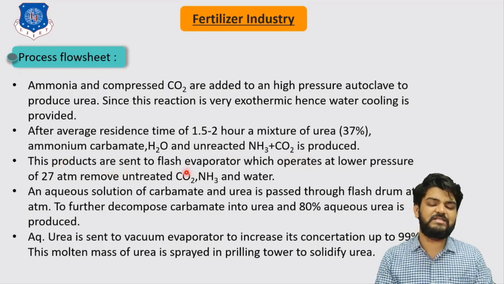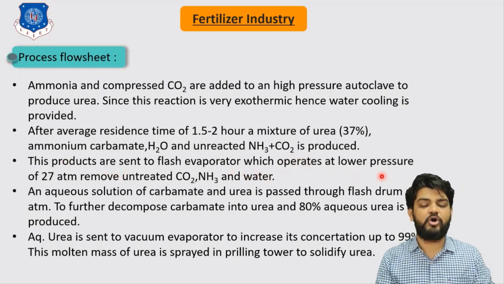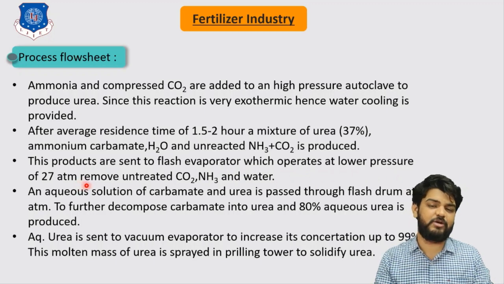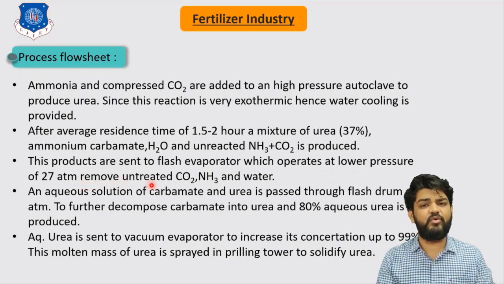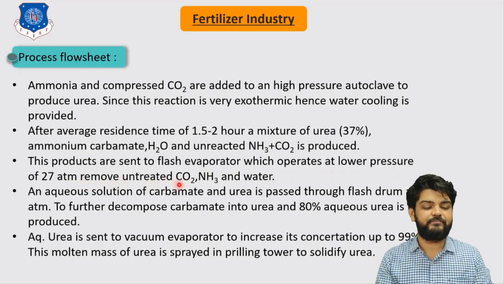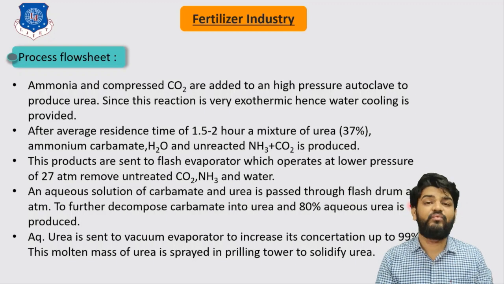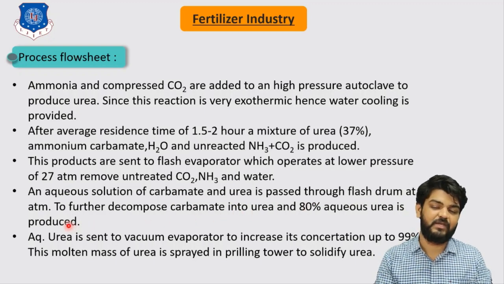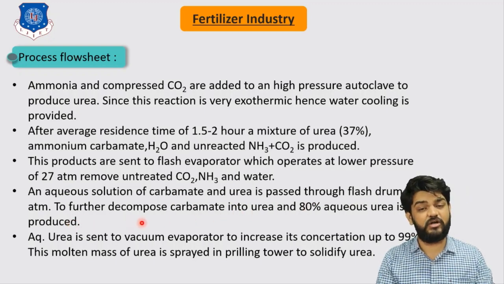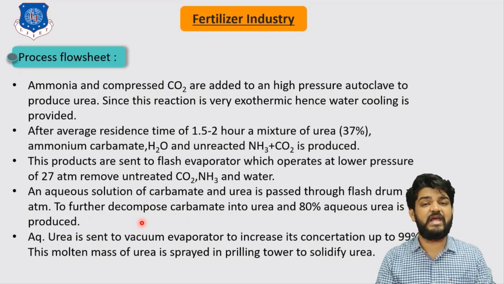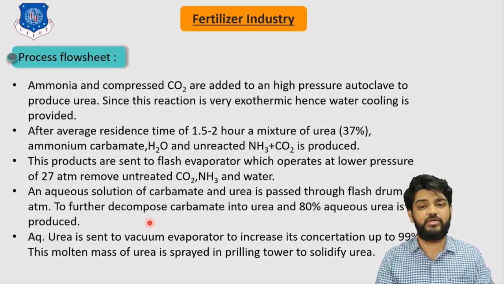Now these products are sent to the flash evaporator which operates at a low pressure of 27 atmospheres, where we remove unconverted reactants. Then an aqueous solution of ammonium carbamate and urea is passed through the flash drum which operates at 1 atmosphere in order to produce an 80% aqueous solution of the urea.